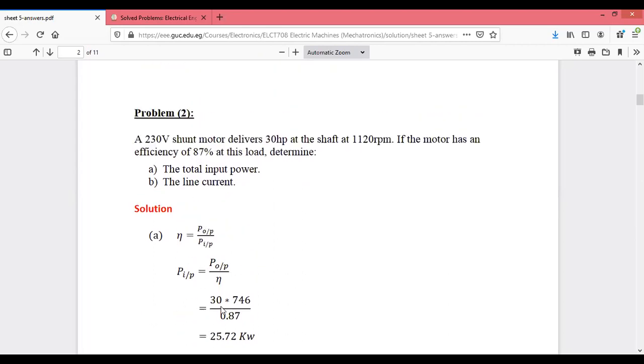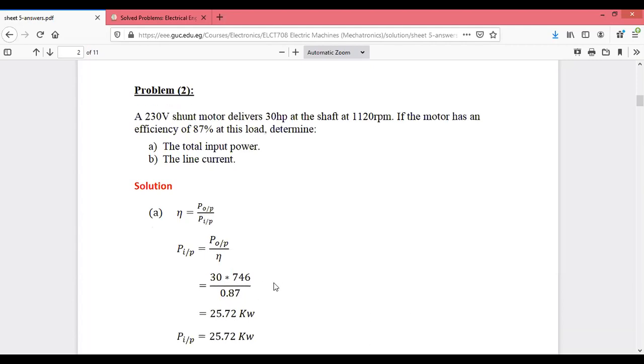There is no need for the percent sign, so 87 by 100, which you can write as 0.87. For the 30 HP, you can take 1 HP equal to 746.